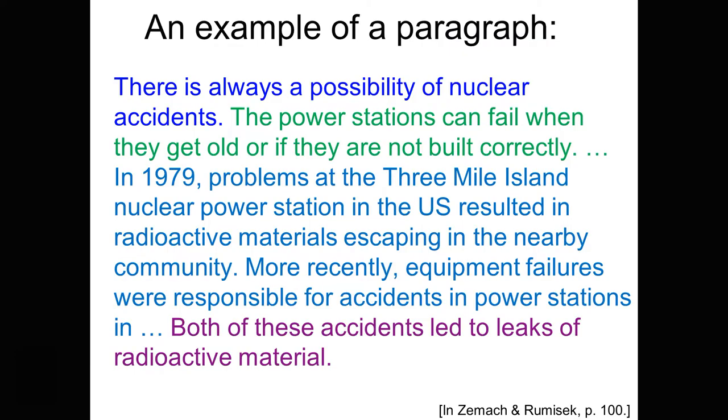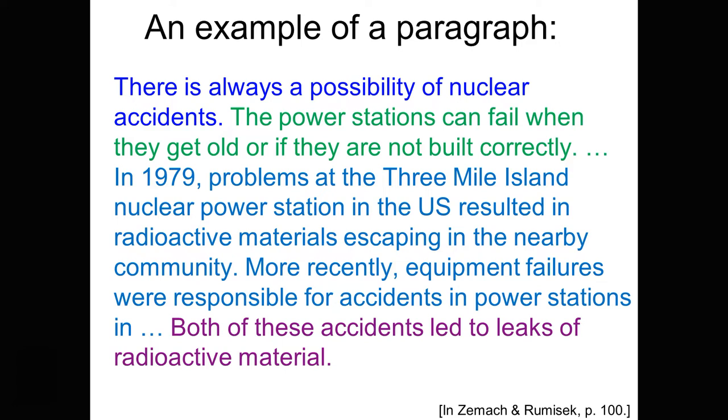So here we've got an example because it can be quite difficult to understand what this looks like in reality. So let's have a bit of a look at this example paragraph. You can see that this is color coded so that we can talk about the different aspects of this paragraph.